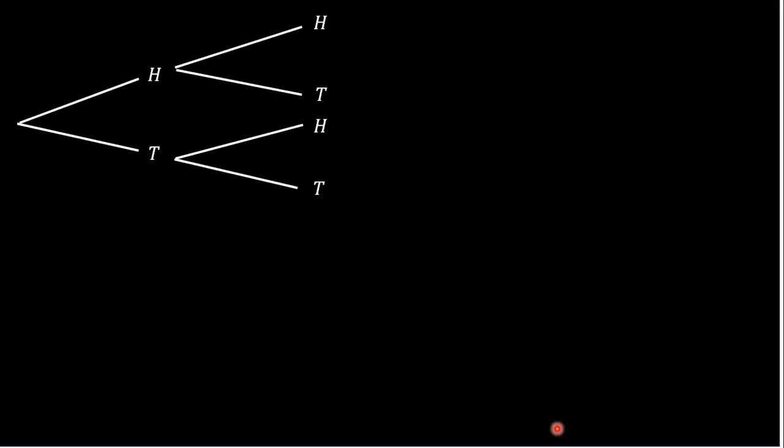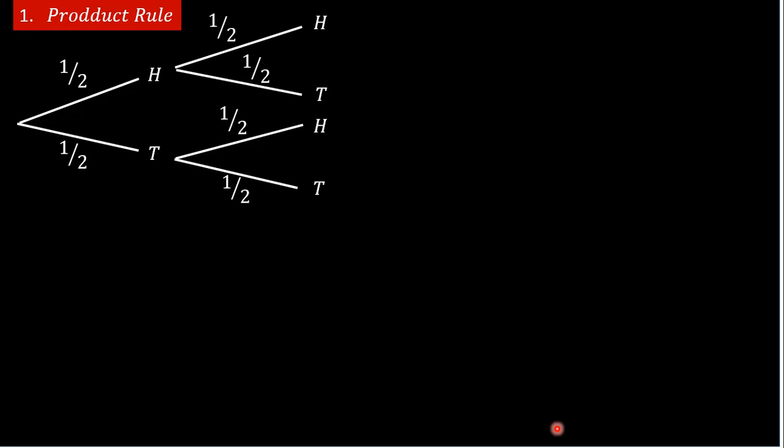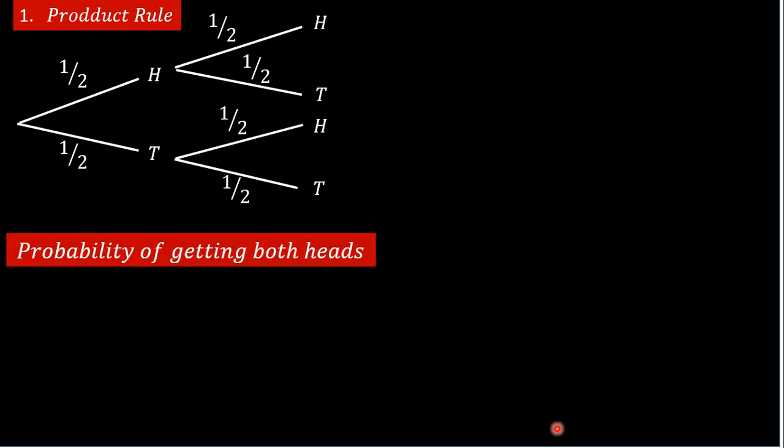Students, since I have written the word probability diagram, you must know what the product rule is for the probability tree diagram. Let us consider a simple event in which we have to find the probability of getting both heads. We must have the head on the first coin, we must have the head on the second coin. And students, you can see clearly here on the first branch, this one, we are having head and head.